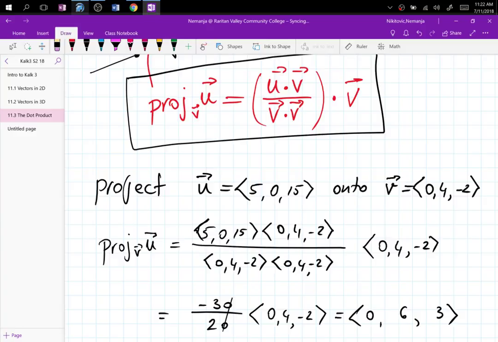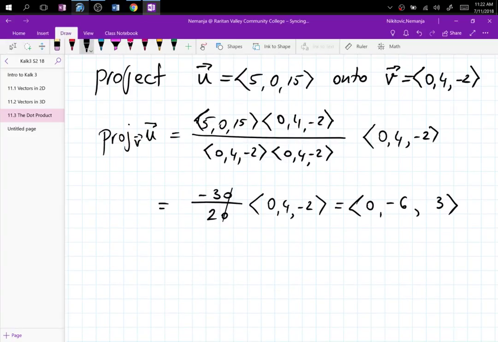Is this what we have? 6 is negative. 6 is negative. Yes, it is. Everyone good?